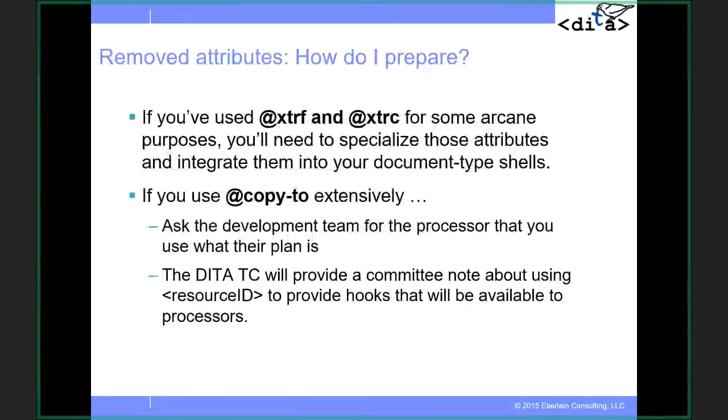As part of removing copy to from the DITA standard, we are providing a cleaner architectural mechanism for using the resource ID to indicate to a processor where there is a hook for providing similar functionality to copy to. And we, the DITA TC, will be providing a committee note that will provide more information about how to use resource ID for that purpose.